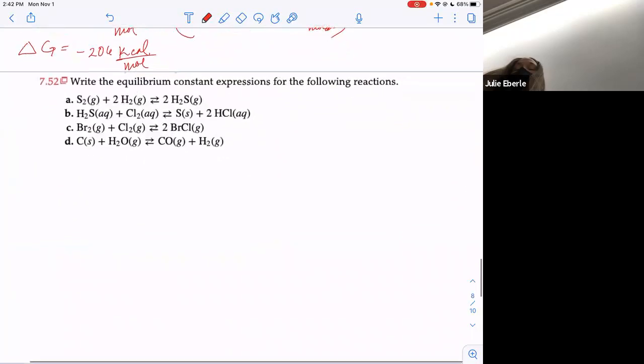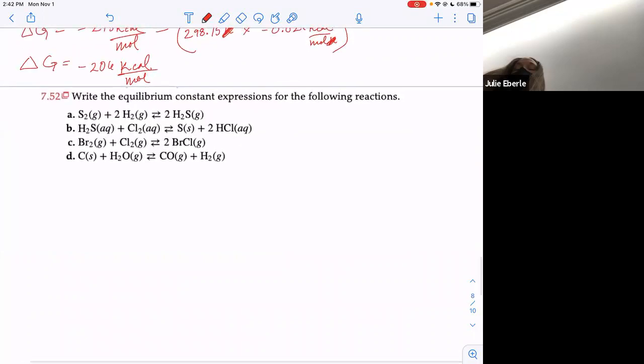Okay, write the equilibrium constant expression for the following reactions. What do we do here? The product over the reactants, right? So I'm saying write the expression for K, which is the concentration of products. If you have more than one product, it's product times product raised to the power of their coefficients.